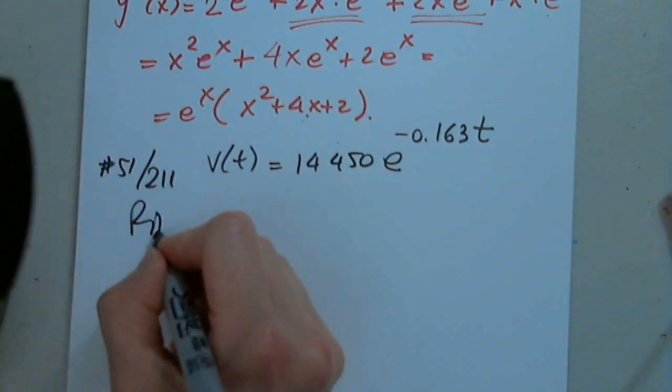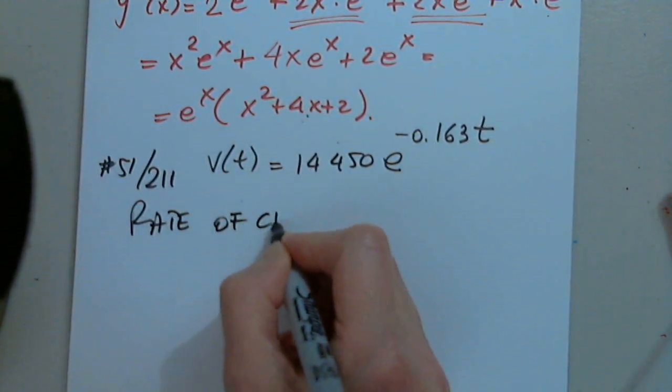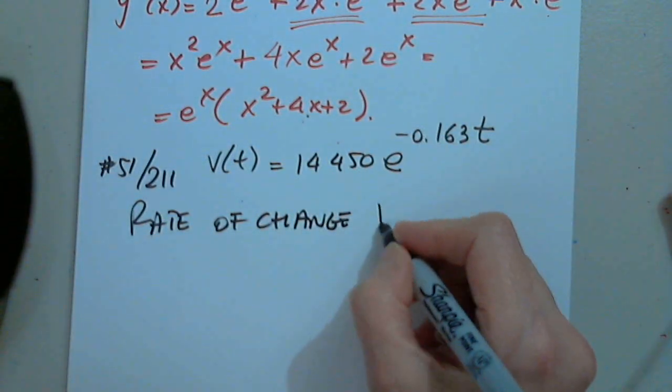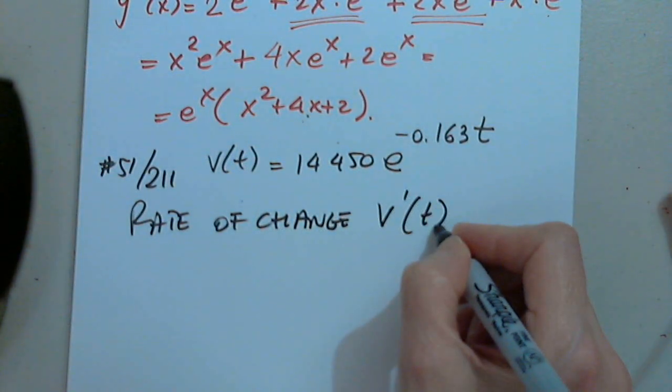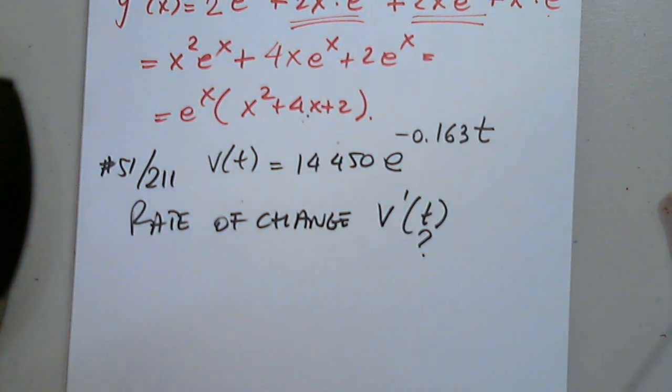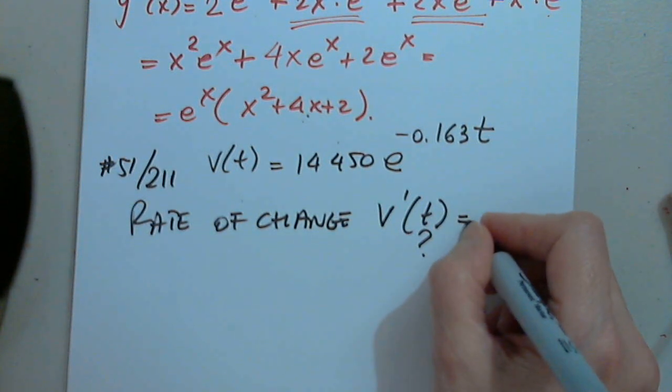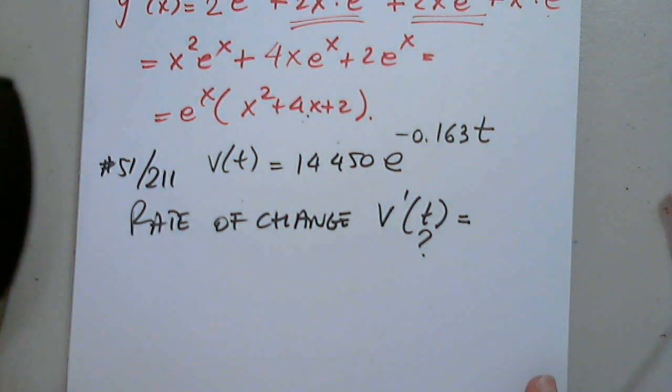So the rate of change has to be determined first, before we even evaluate it. And then I'll see whatever I need to plug in. But I am asked to find the rate of change first. So first I need this function, and then I plug in whatever I need to plug in.